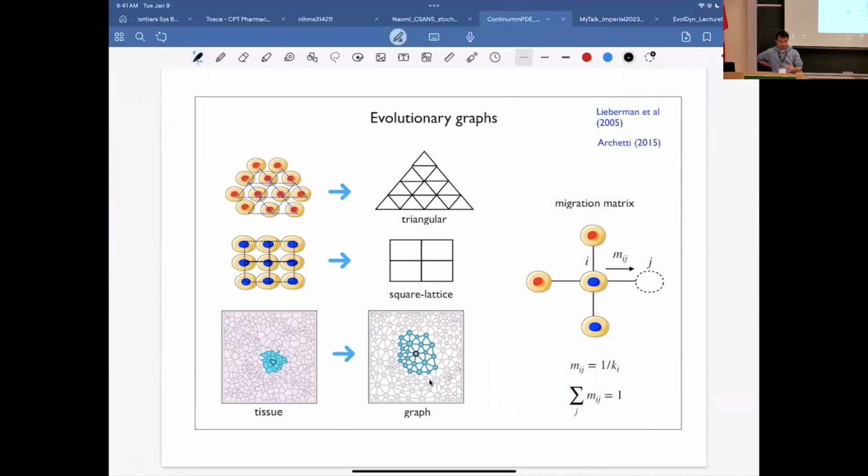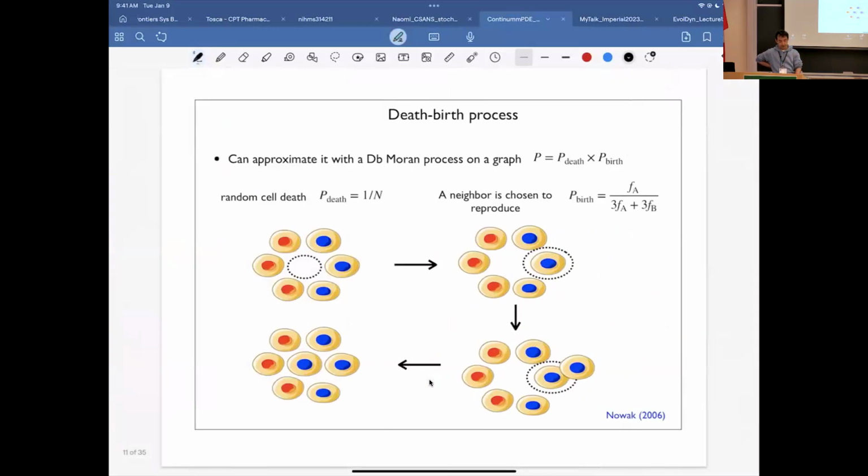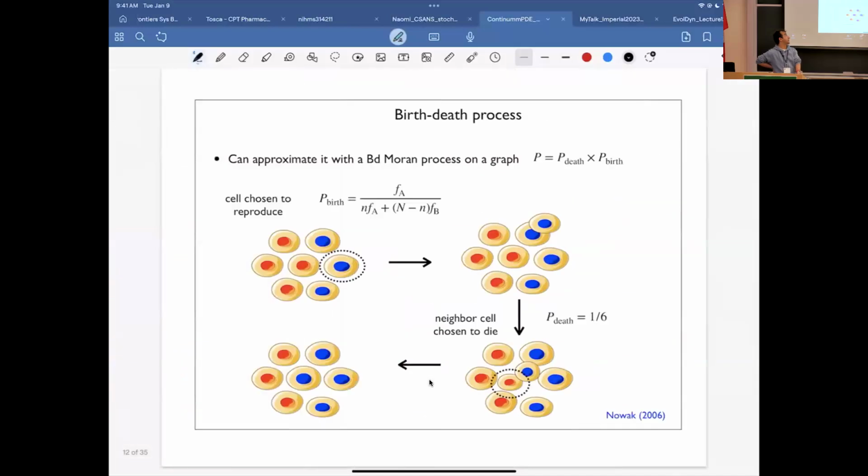beginning with Maruyama in 1974, on how graph type structures can represent these things. So the graph's network structure and the stochasticity are inherent to this type of modeling. We often talk about death-birth processes or birth-death processes, depending on where the birth and death events, proliferation and apoptosis, happen on two neighboring locations, depending on which one happens first.